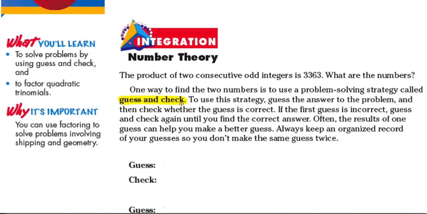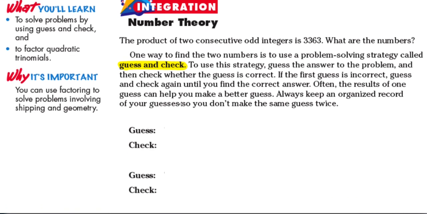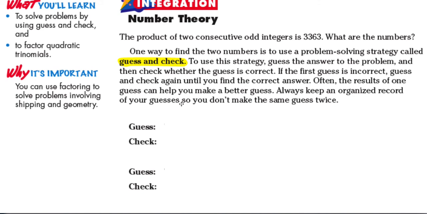So you want to find 2 consecutive odd integers whose product is 3,363. We first make a guess.